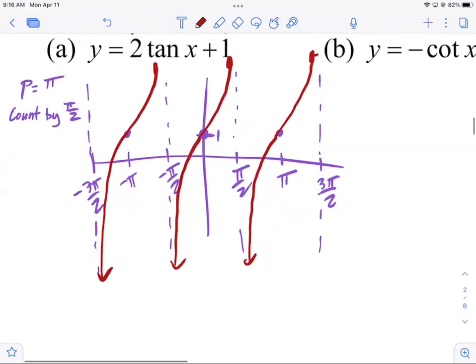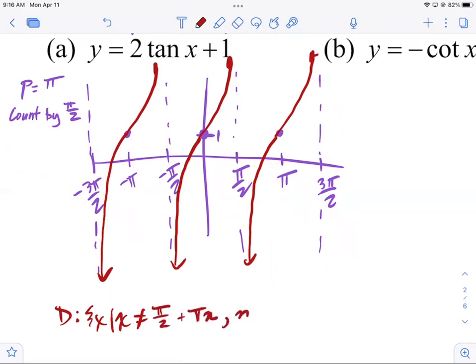What's the domain of this function? Did the domain change? No, it's still the set of all x such that x cannot equal what? Yeah, good. Pi halves plus pi n. Now we have to put that n as a what?